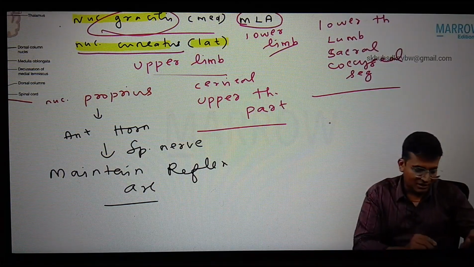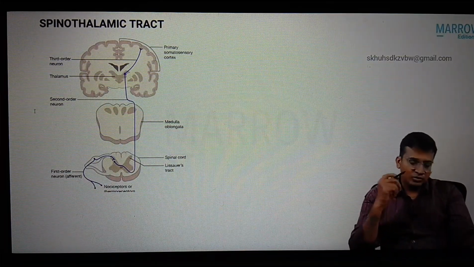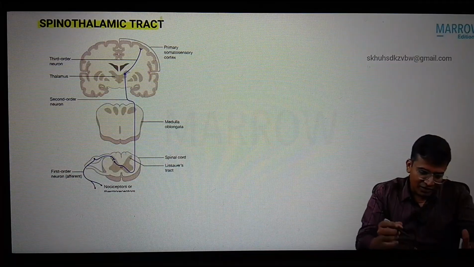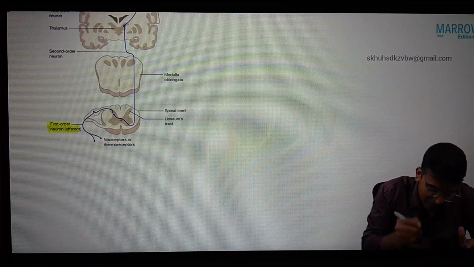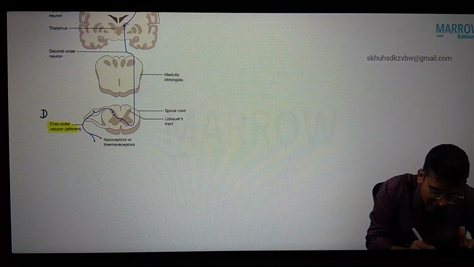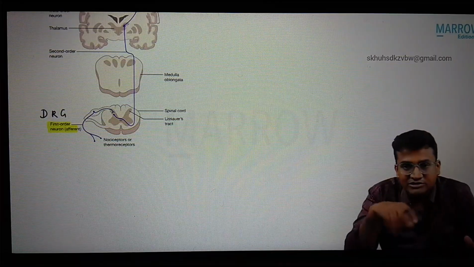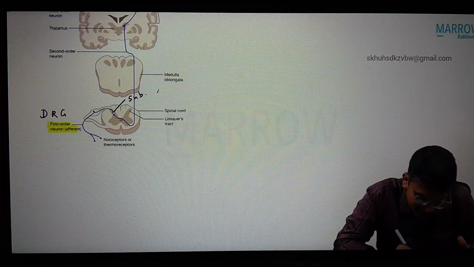Next we're going to discuss the spinothalamic tract. In the spinothalamic tract, the first order neuron comes from the dorsal root ganglion. From the first order neuron, the fibers go to the substantia gelatinosa.